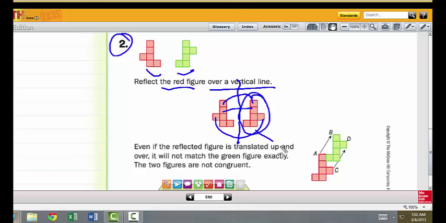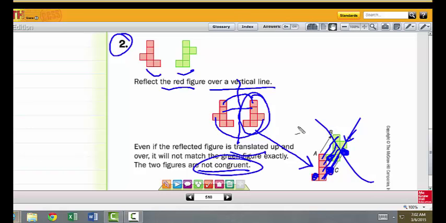Now once we take this figure, we can move it over here. Okay, and now the next thing we want to do is try to translate this, and if you take a look at it, it works really well except for one case. This square would translate to here, this square to here, this one to here, this one to here, this one to right here, but unfortunately this square right here would end up right here, and it does not cover this one, so we can say no, this is not congruent.